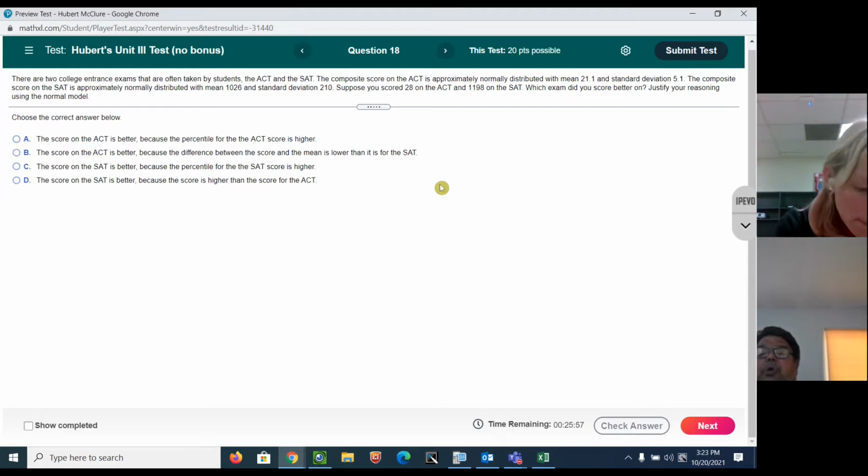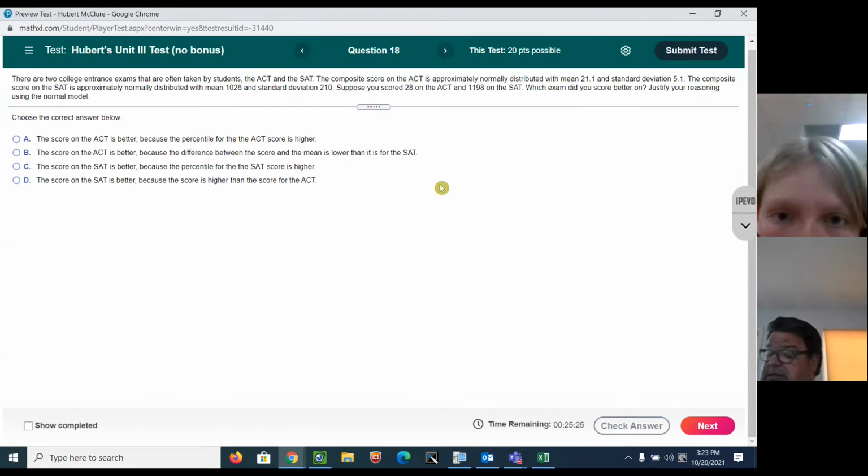Let's see, 21.1 minus 5.1 is going to be 16. 16 minus 5.1 is going to be 10.9 or something like that. And then 10.9 minus 5.1 is going to be 5.8. There's your ACT.